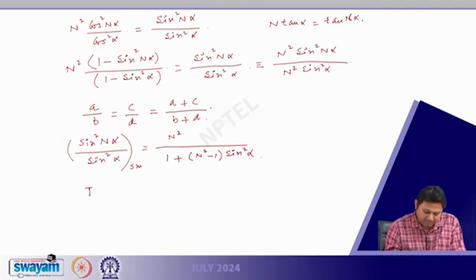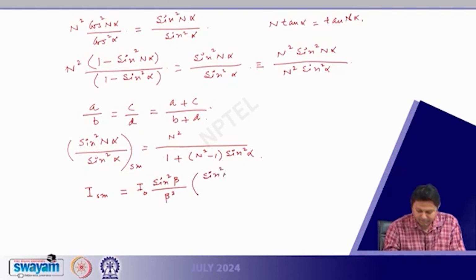So, the intensity of the secondary maxima is equal to I naught sin square beta divided by beta square, and this quantity sin square n alpha divided by sin square alpha, which we need to calculate under the condition of secondary maxima.